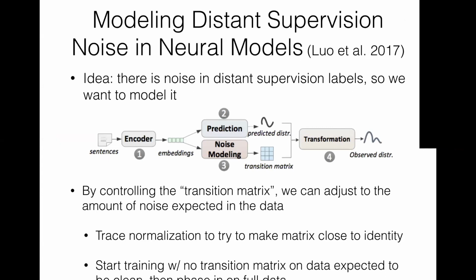The first way is a trick called trace normalization, which controls how much noise we model in this transformation from the number 2 to the number 4 distribution.